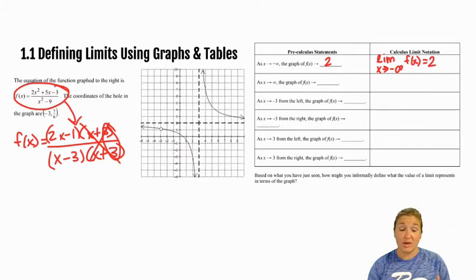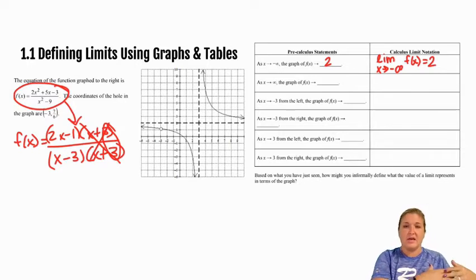Okay, so that's how we would say that. So what we're saying is that as the x values get larger and larger in the negative direction, then your graph is going to get closer and closer, almost touching 2, never touching 2 because we have a horizontal asymptote there.